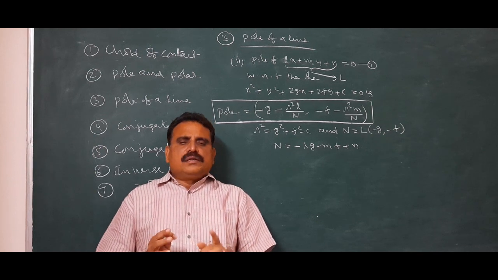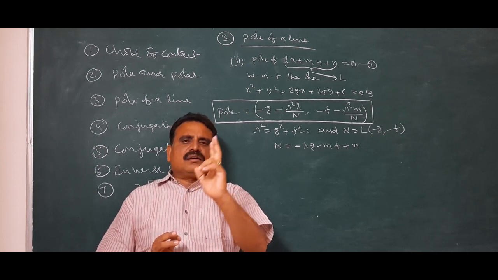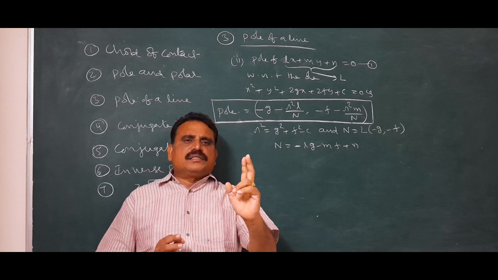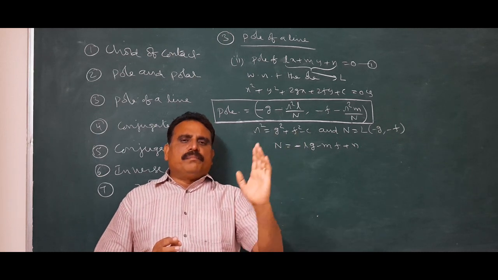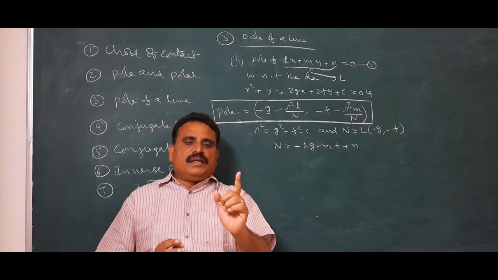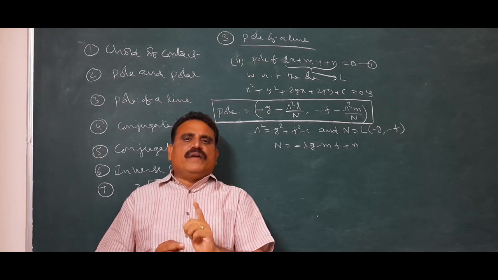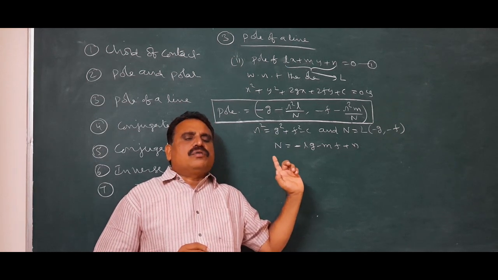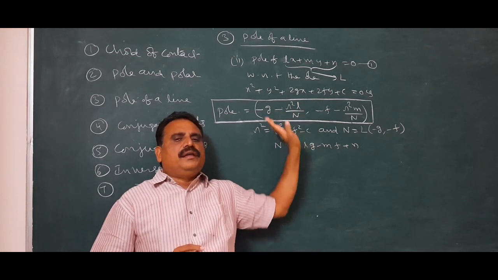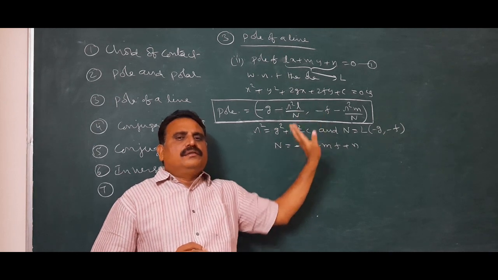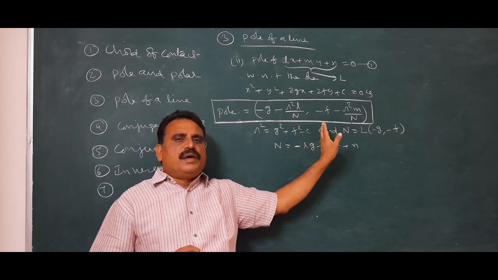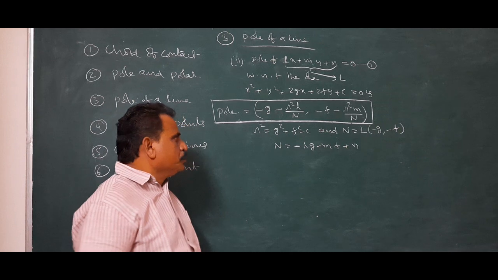Now, the pole is (minus g minus r square L by N, minus f minus r square M by N). N is capital N. The capital N value is, just substitute (minus g, minus f) in the line, the center in the line: minus Lg minus Mf plus N.